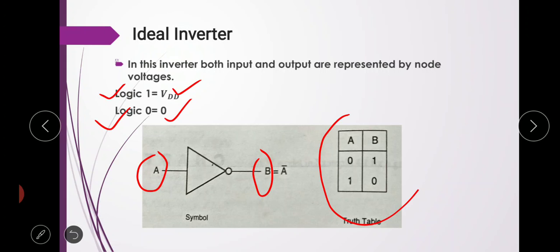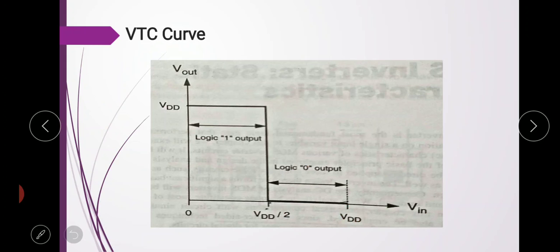This is the truth table of an inverter: when we give input 0, we get a high output. When we give a high input, we get a low output. So let's see the VTC curve, which is a plot of input versus output voltage.